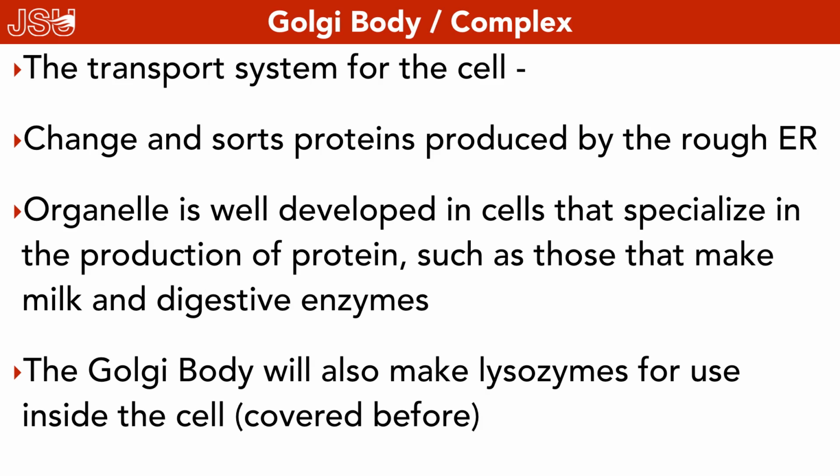For example, some proteins may need to go outside of the cell. Some proteins may need to stay inside the cell. Some proteins may need to go to the membrane of a cell. It just depends on what you're doing. And the Golgi body will direct certain proteins to certain areas. We'll give some examples in a minute. Do all proteins go through that? No, many do, especially from the rough ER, but not all proteins will go through the Golgi body.